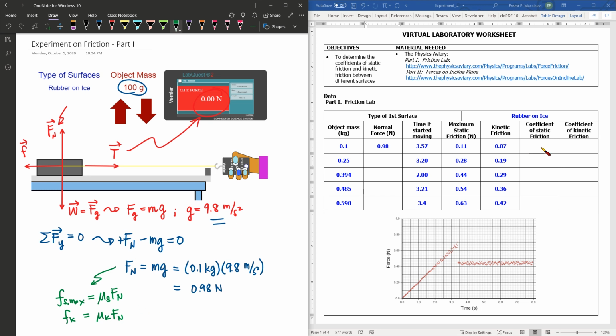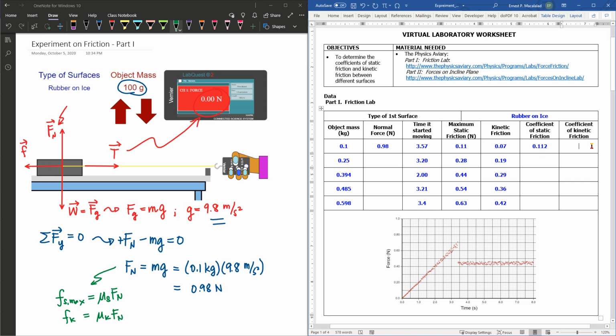Okay, so let's compute for that. So we'll notice that mu s will just be the quotient between the maximum static friction 0.11 and the normal force, which is 0.98. And the answer here is 0.112.